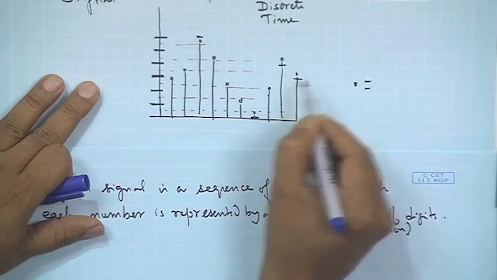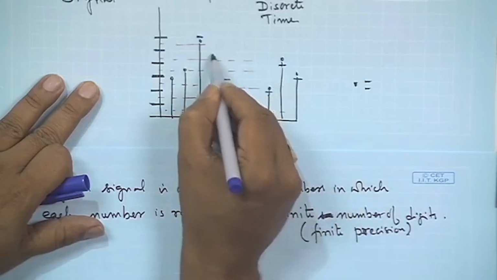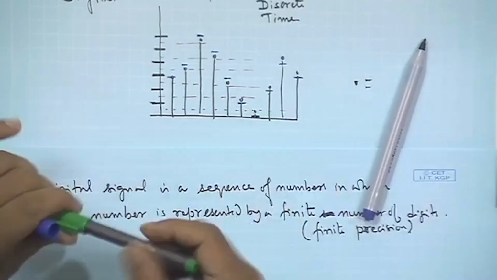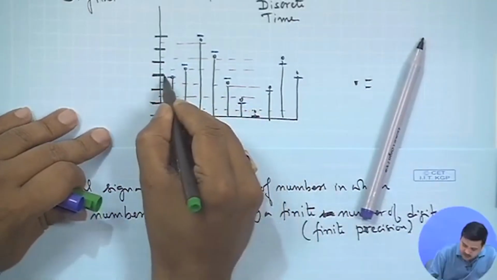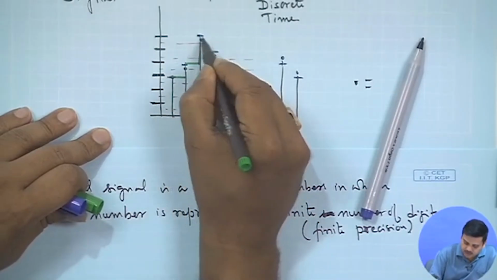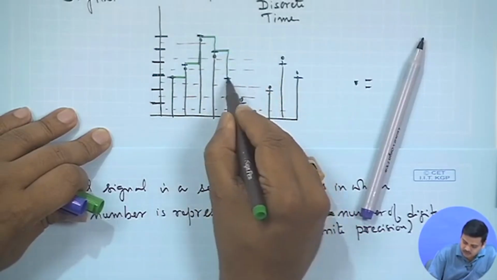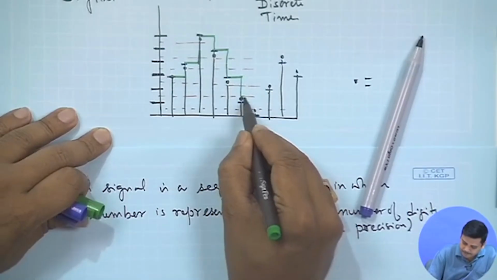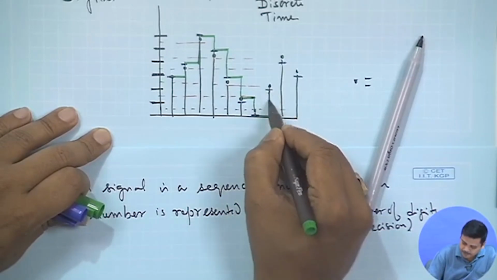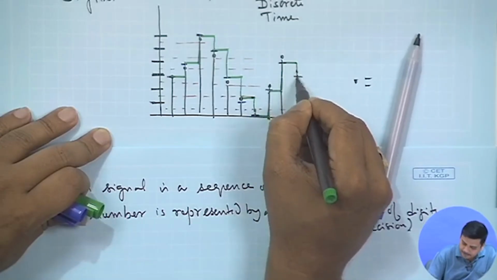So, after conversion, a signal might look like something which we are going to draw very soon. After conversion, the signal might look like this, and so on.